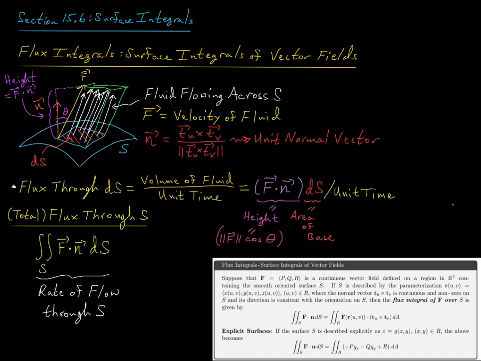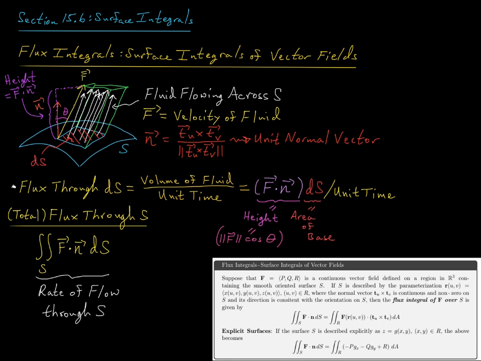Okay, so putting that all together, we're going to call the flux through dS the volume of fluid that flows per unit time through this little patch. And as I just said, the height of the box is just the projection of the yellow velocity vector onto the normal direction. And that's just going to be F dot n, right? So if I look at this right triangle here, the height is the adjacent side of this angle theta.